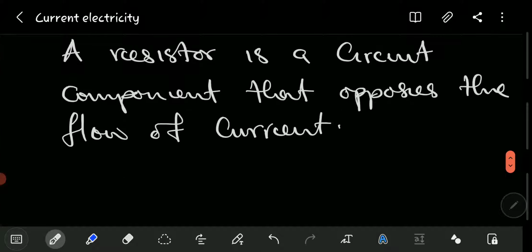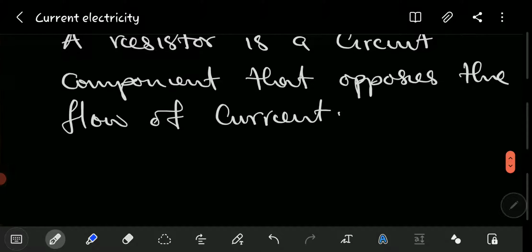So a resistor is a circuit component that opposes the flow of electrical current. A resistor may be anything. It may be a wire, it can be a lamp, it can be anything.